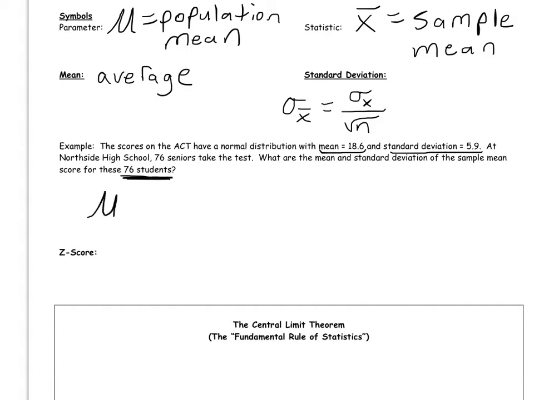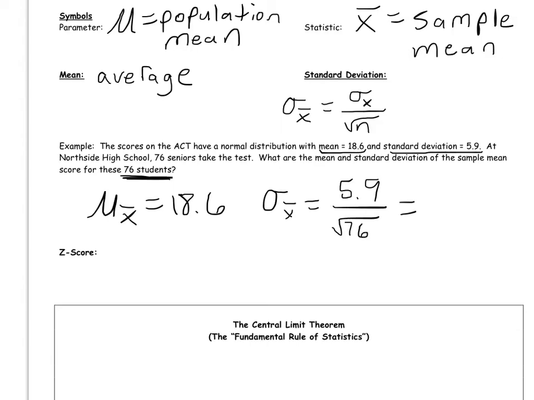So the mean for x bar is 18.6. But the standard deviation for x bar is going to depend on the sample size. So that's going to be that original standard deviation, the standard deviation of just single ACT scores, divided by the square root of 76. In this case, that is about 0.677.